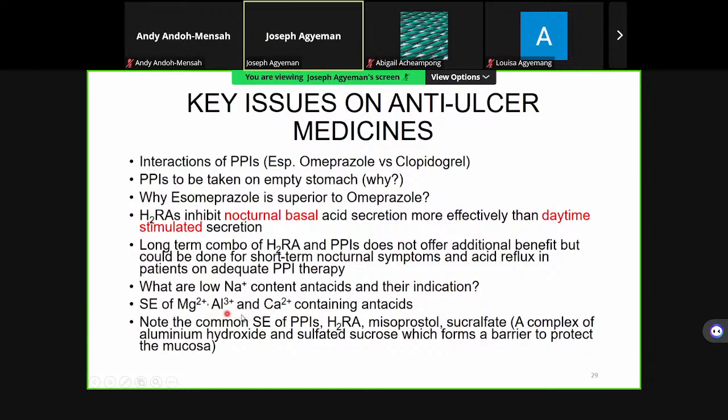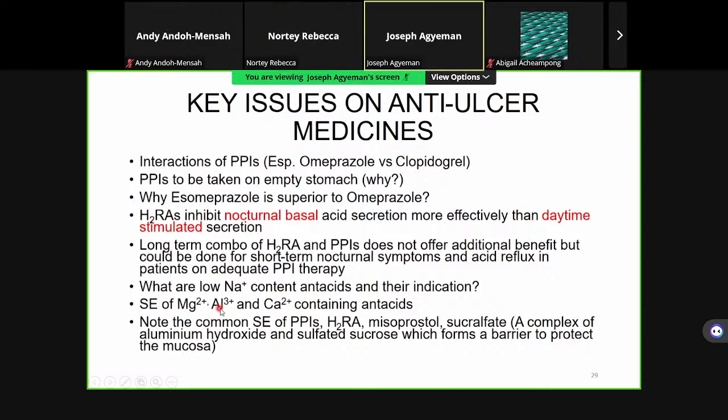If you want to cancel out the constipation of this versus the diarrhea of this, then you can give one preparation, a combination that contains both the magnesium antacid and the aluminum antacid, so that the two will cancel out their effects.